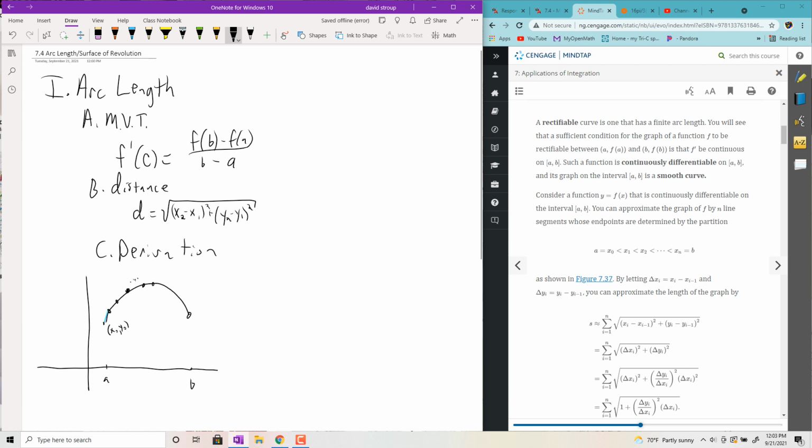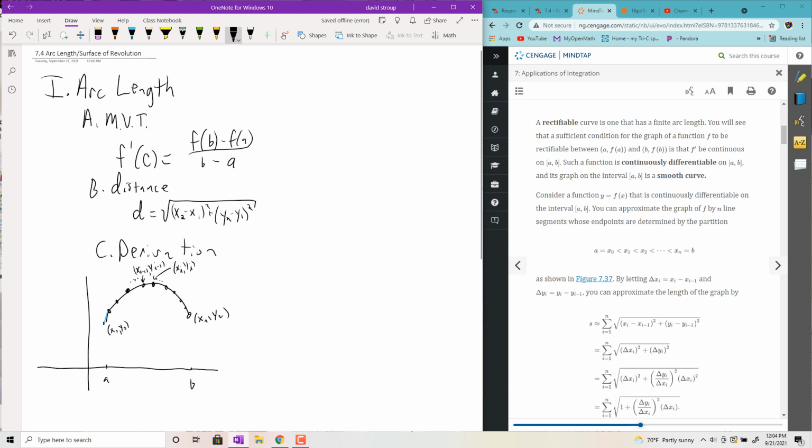Then you have sort of a general interval, and then you keep doing that all the way to the end, and we're going to call the end x sub n comma y sub n. These two in the middle will be x sub n minus 1 comma y sub n minus 1 for this guy, and then this point right here will be i, not n, I apologize. x sub i minus 1, y sub i minus 1, and then this is x sub i comma y sub i.